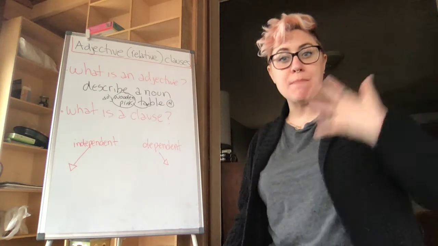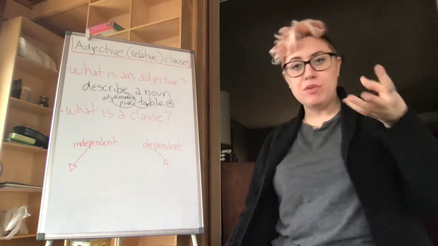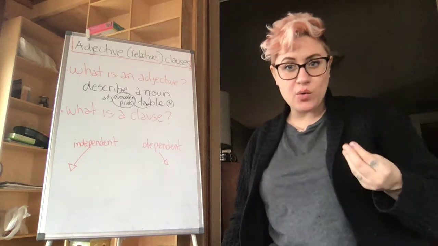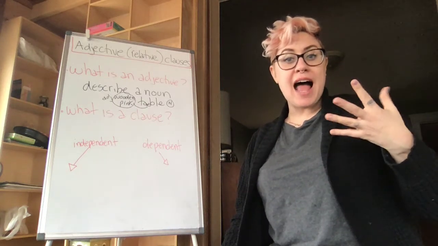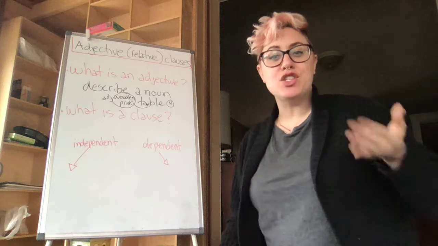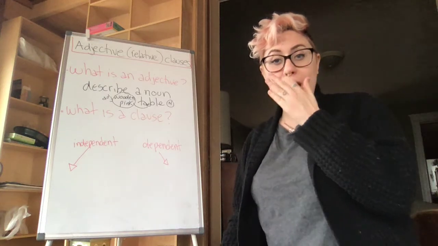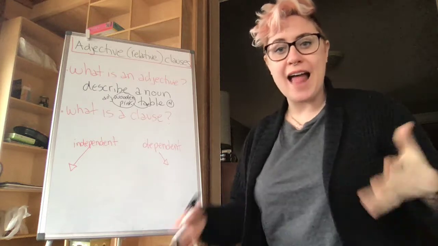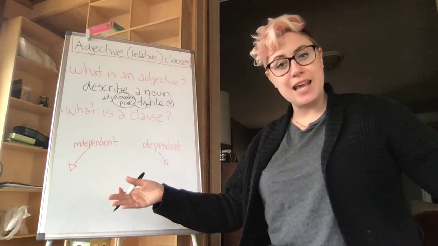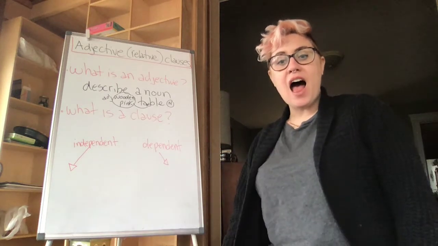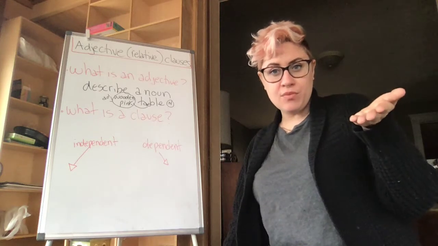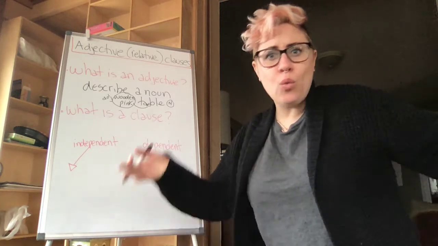So we have to remember this relationship between adjectives and nouns. Adjectives give us extra information about the noun. If I am in a furniture store and there are 30 different tables and I say, I like that table, your friend will ask, which table?